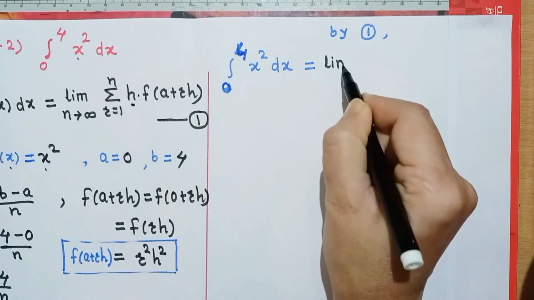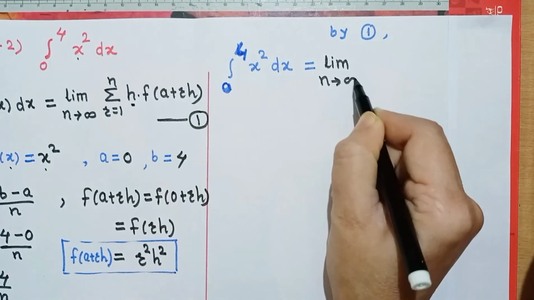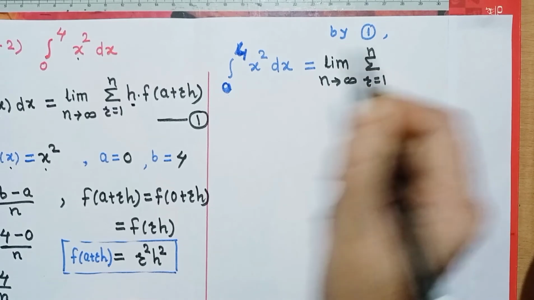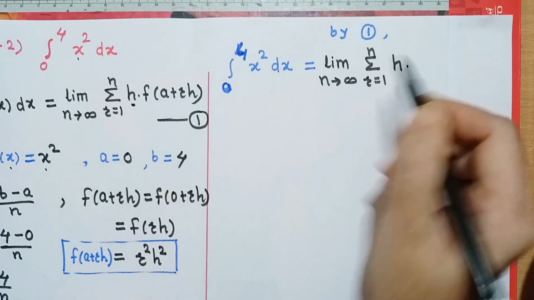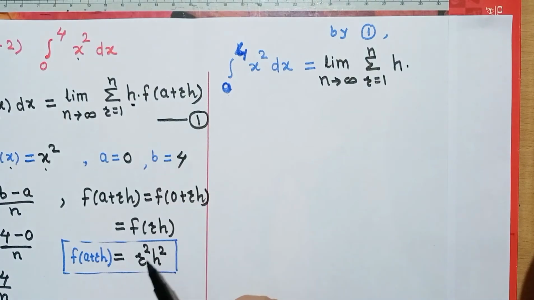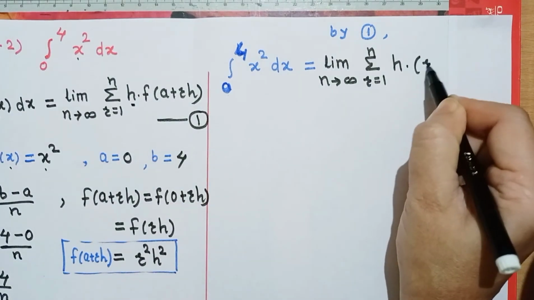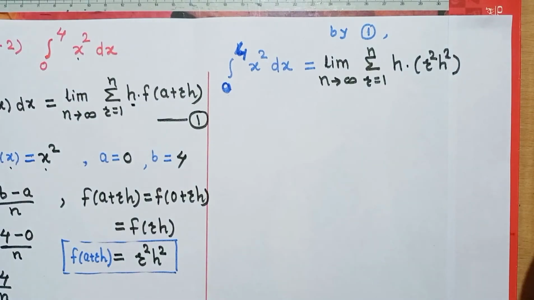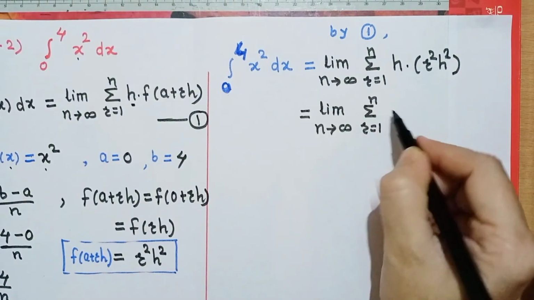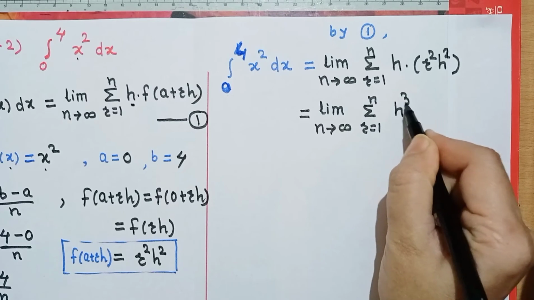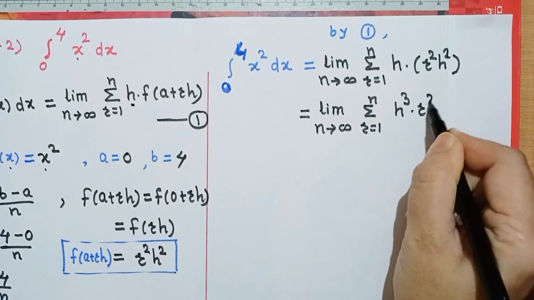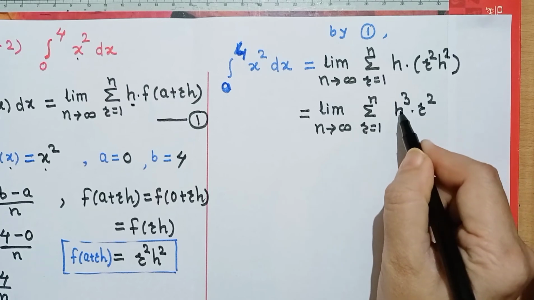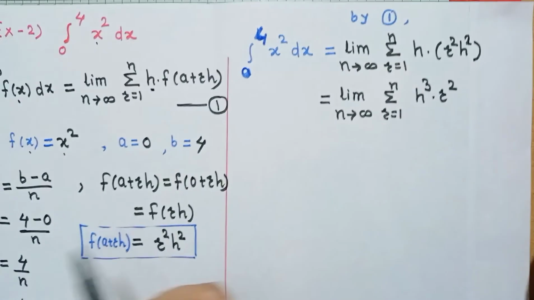So here we will write limit n tends to infinity, summation r running from 1 to n. Then we will write this h, and f of a plus rh, its value is r square h square. So again in the next step, this h into h square means h cube into r square. Now we will apply this summation for r square, and we will substitute value of h.